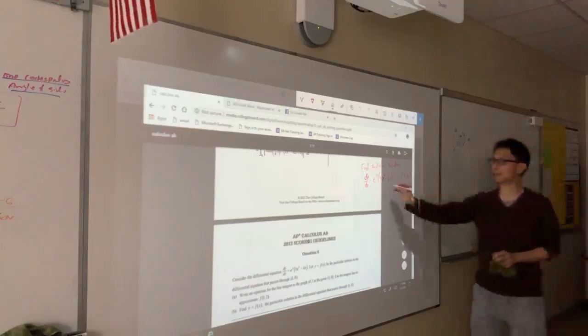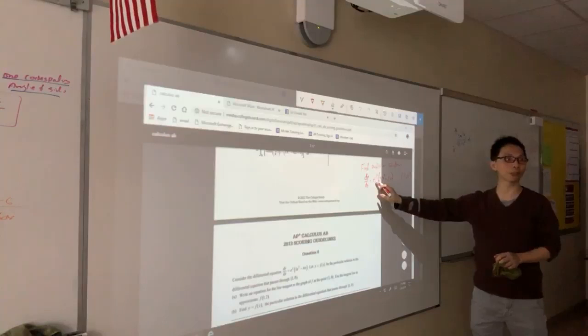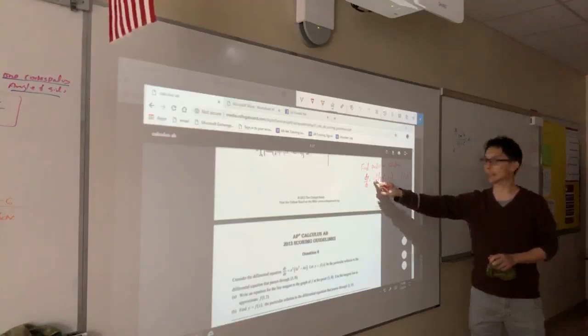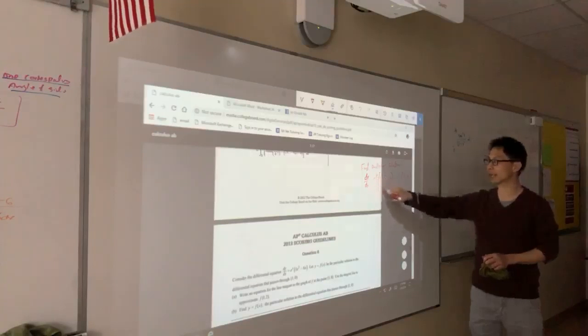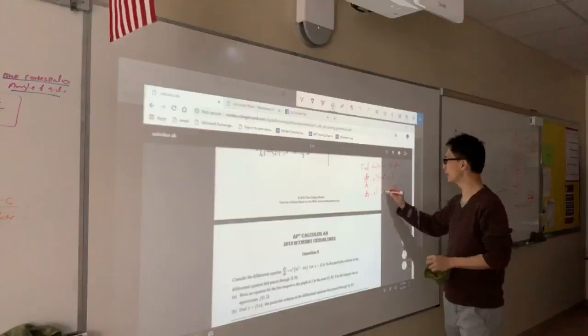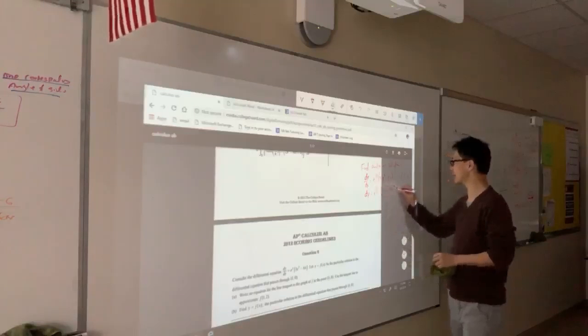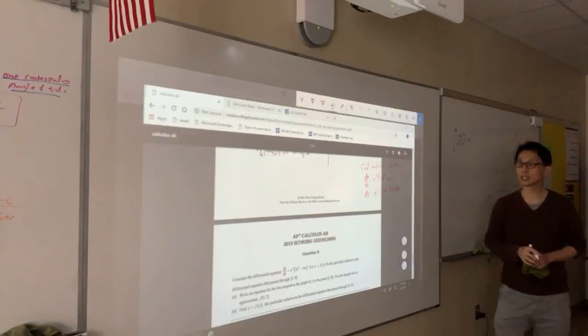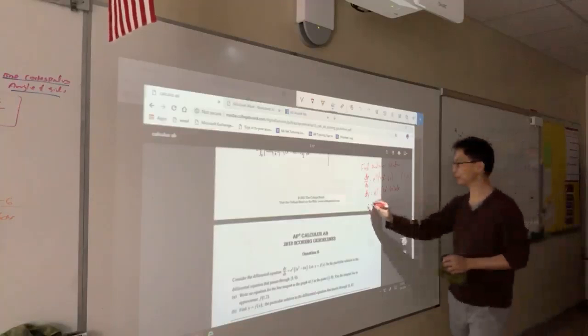So what I'm going to do is separation of variables. How do I do separation of variables? I'm going to take this e to the y, and move the dx to this side. So dy over e to the y is equal to 3x squared minus 6x dx. Does that make sense? Yes. And move the e to the y to the bottom.